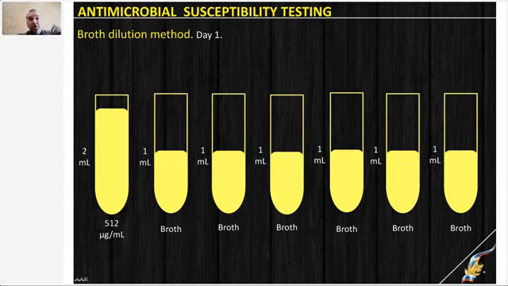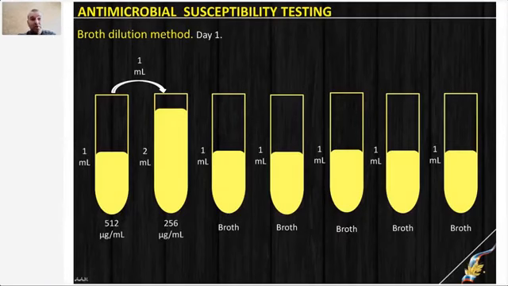Then you need to shake to mix the test tube and transfer 1 milliliter from the first tube to the second one. Again, you will dilute your concentration in twice. And now you have 256. And you will perform that activity for every test tube.